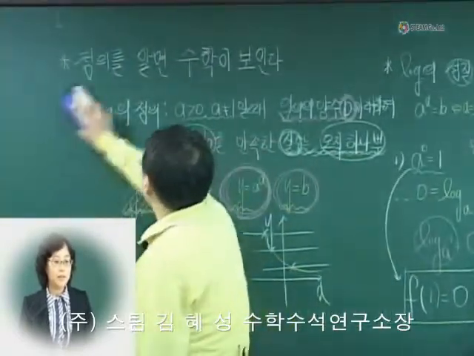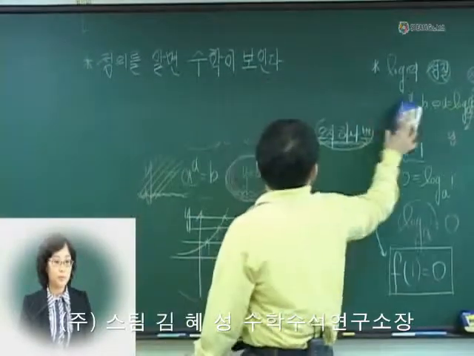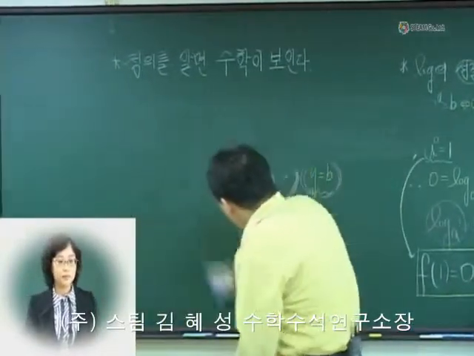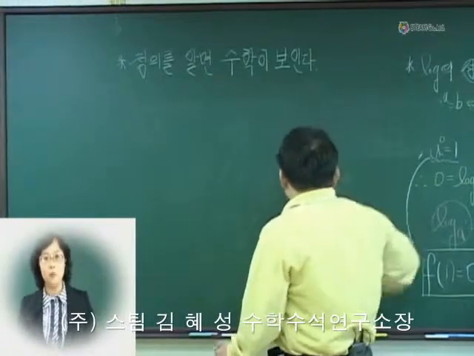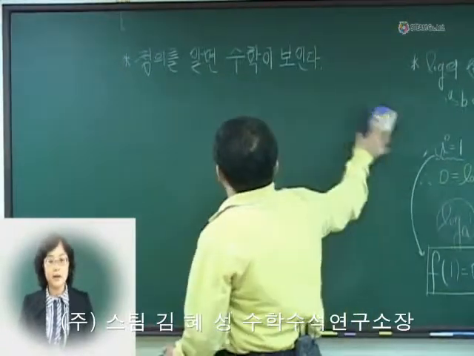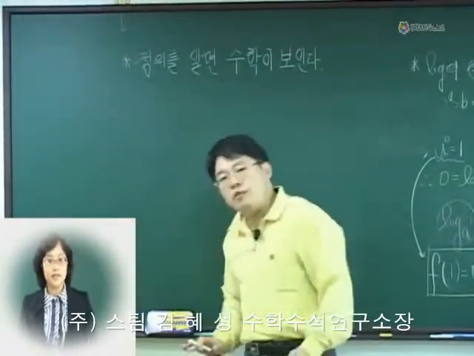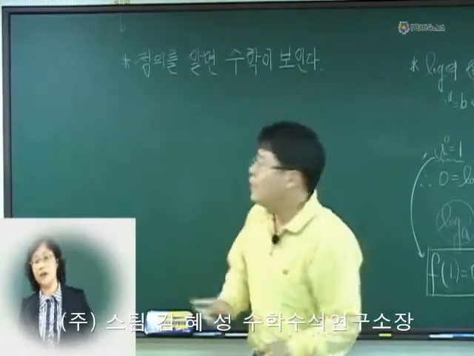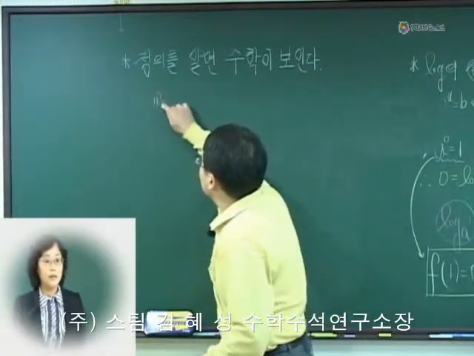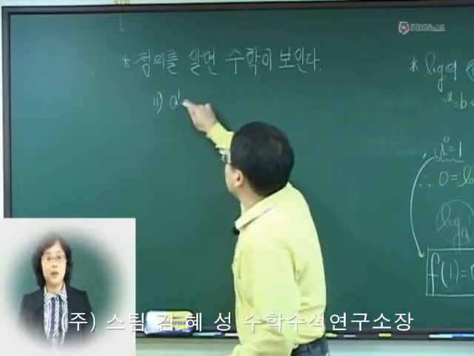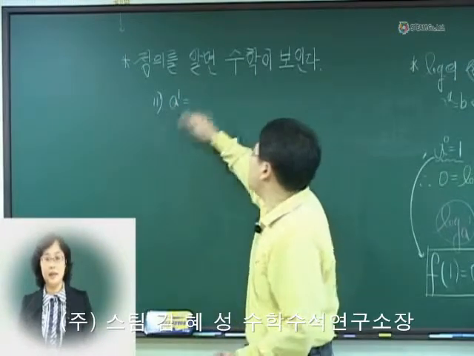Okay, let's move on to another one. The numbers 0 and 1, I've told you so many times about that. They are very important. A to the first power becomes a.